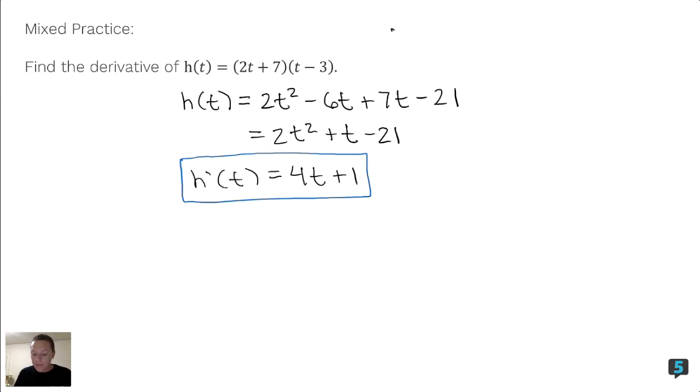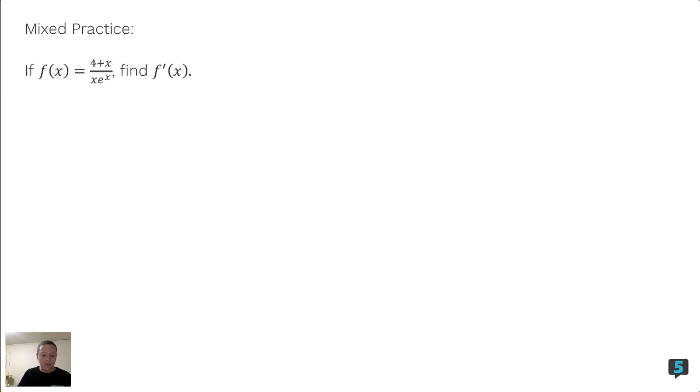All right, I'm going to up the ante on you guys on this one. I want us to find f prime of x if f of x equals (4 plus x) over x e to the x. What rule should I start out with?